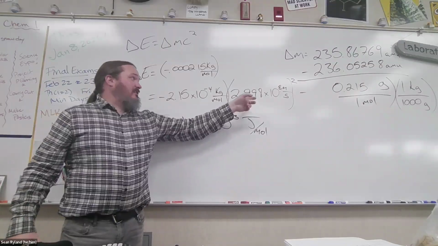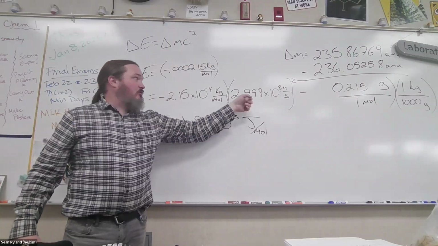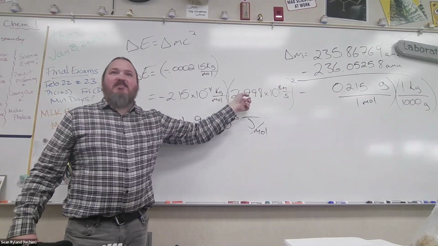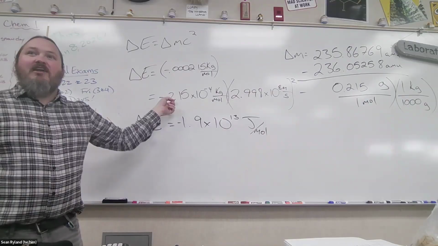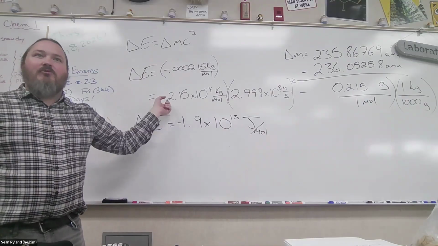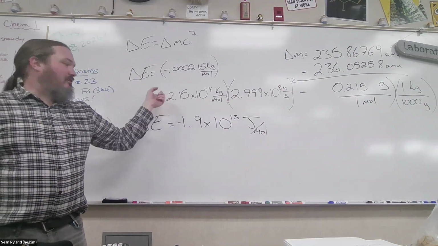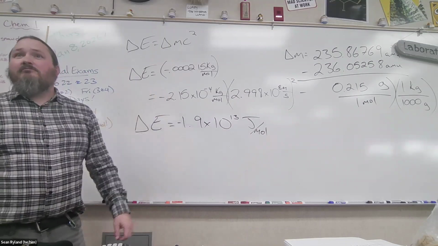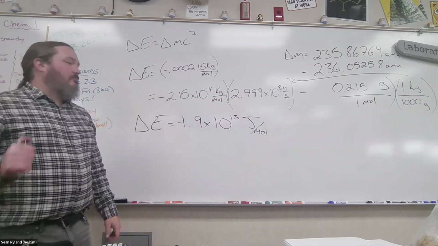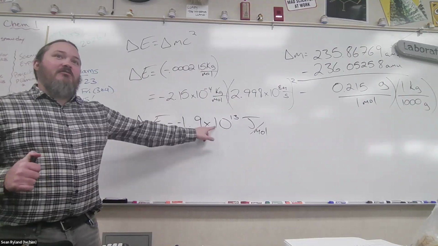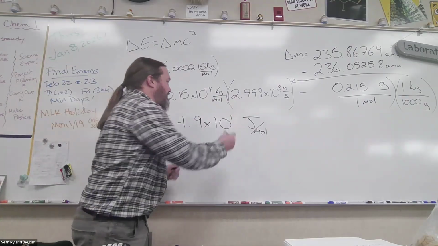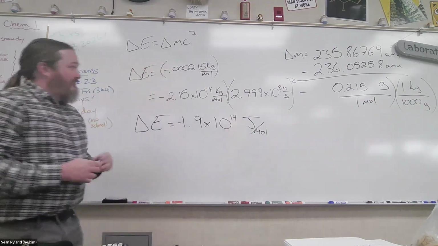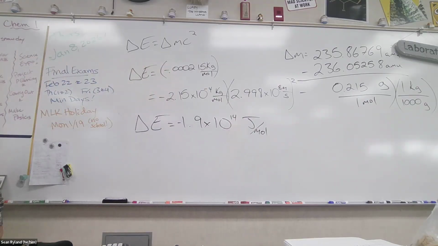I'm just estimating because I know that's going to be really close. When I square this, it's going to be really close to 9 times 10 to the 16. 9 times 2 is about 1.8, except that's a little more than 2, so I called it 1.9. Might still be closer to 1.8, though. It is times 10 to the 13, though? 14. Ouch. That'll teach me.